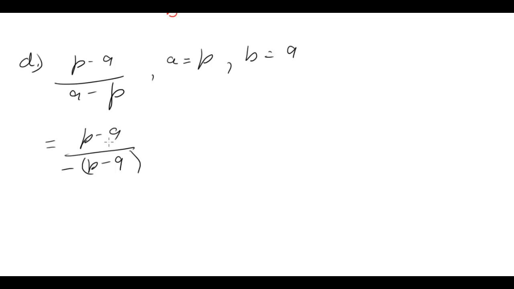Now I have a common factor in the numerator and the denominator of p minus 9. So if I divide both by p minus 9, this is going to cancel and become 1, because the greatest common factor, p minus 9, divided by itself is 1. And that's going to be 1. So I get 1 over minus 1, which is simply minus 1.